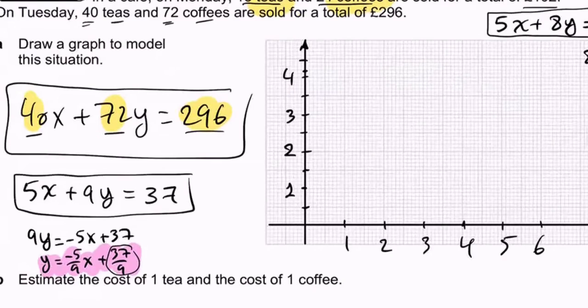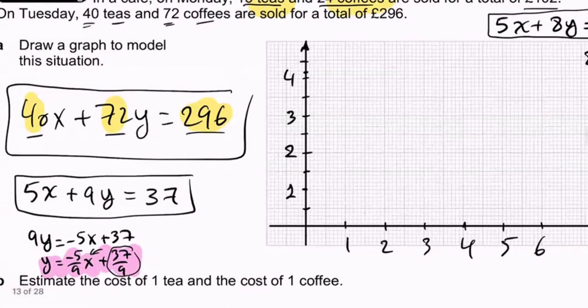Then substitute here x by 1. Why 1? Because it will be negative 5 over 9 plus 37 over 9 in this case, which will give me 32 over 9. So when x equals 1, y equals negative 5 over 9 plus 37 over 9. How did I do this? I substituted x here by 1.